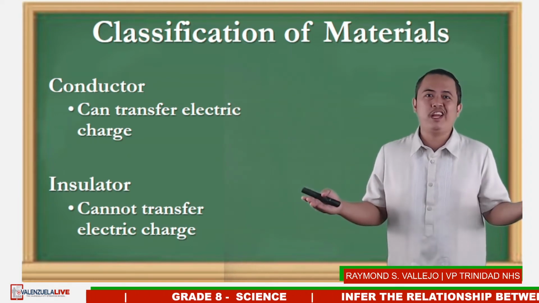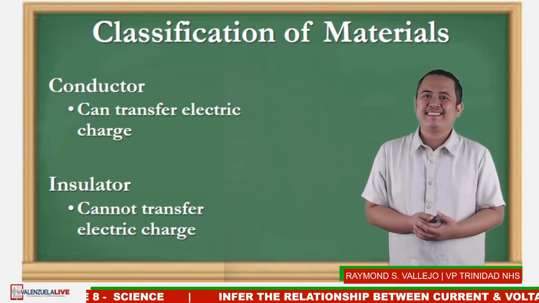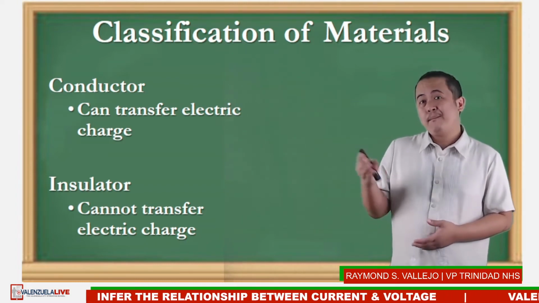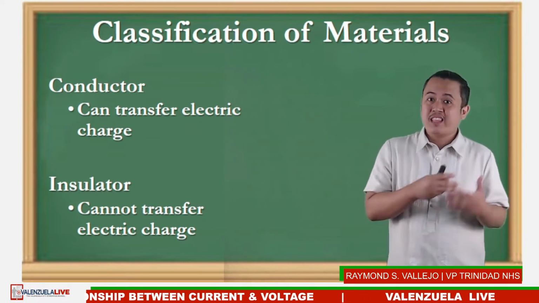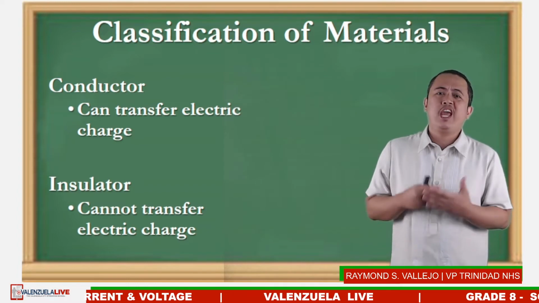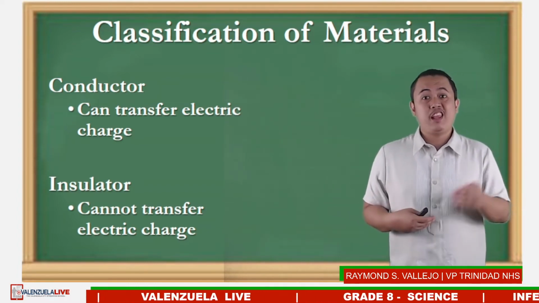How about insulators? The most common examples of conductors are metals such as copper, gold, and aluminum. Some common examples of insulators include paper, plastics, styrofoam, and rubber.